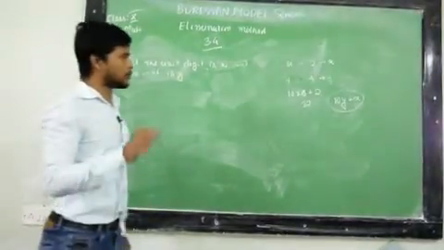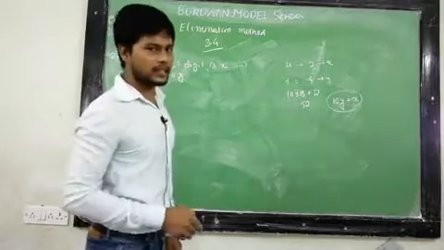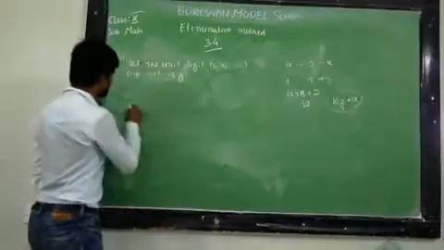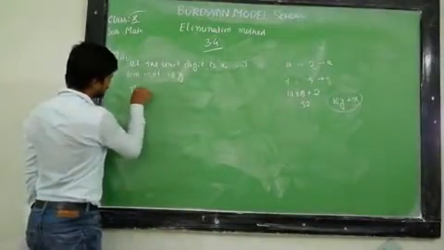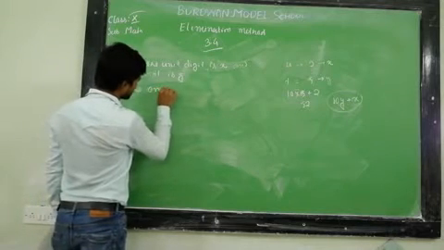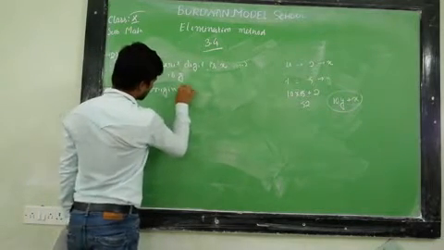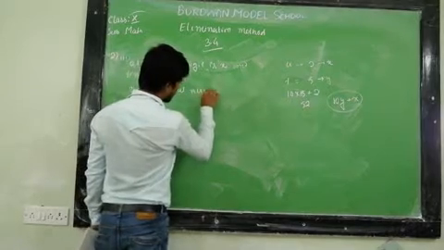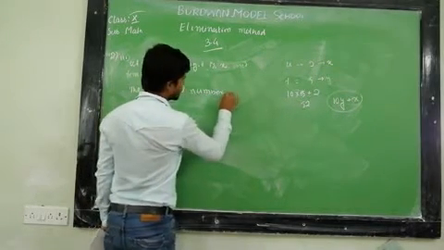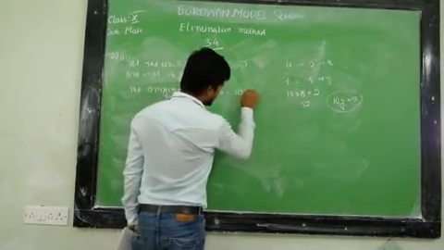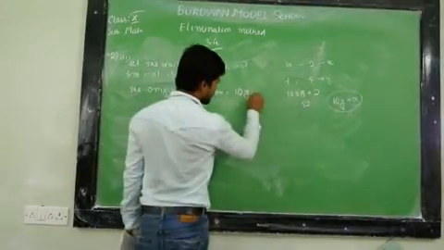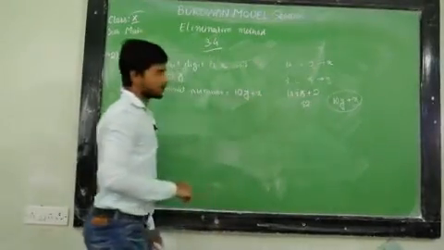We are considering the unit digit as x and the tens digit as y. Therefore, the original number is, formula is 10 into the tens digit, that is y, plus the unit digit.